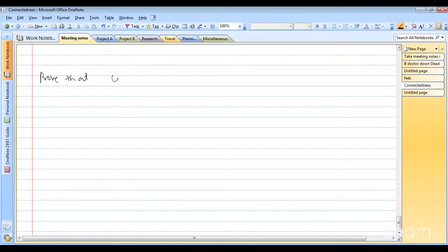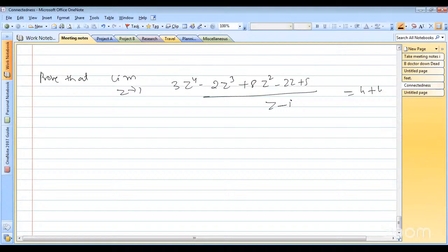The limit as z tends to i of z to the power 4 minus 2z cube plus 8z squared minus 2z plus 5 by z minus i is equal to 4 plus 4i.